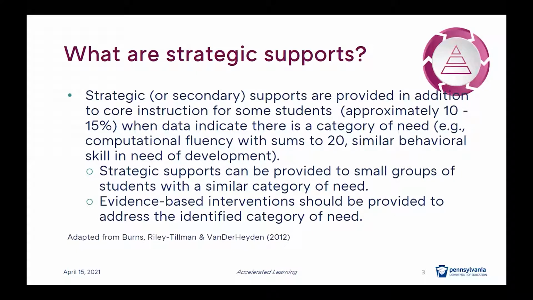For example, maybe computational fluency with sums to 20, or maybe there's a similar behavioral skill that's in need of development for small groups of students. Strategic supports can be provided to small groups of students that have a similar category of need. It's important to consider evidence-based interventions. These should be provided to address that identified category of need.